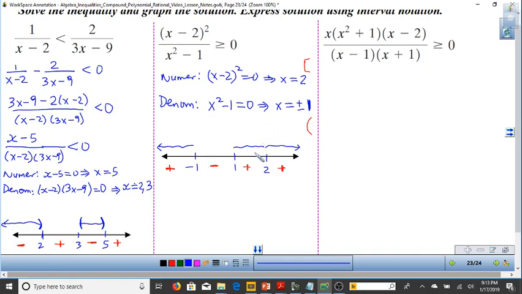And since we use a bracket at 2, the bracket will go both directions, and we use a parenthesis at 1 and negative 1, then my graph really should look something like this.